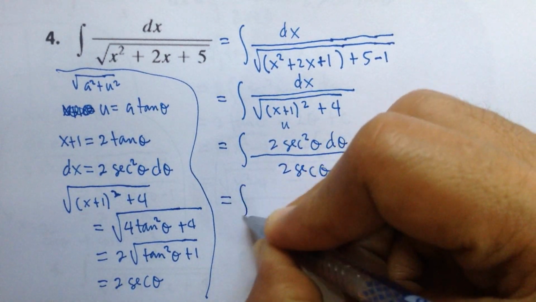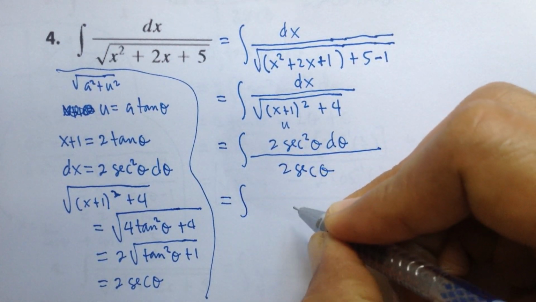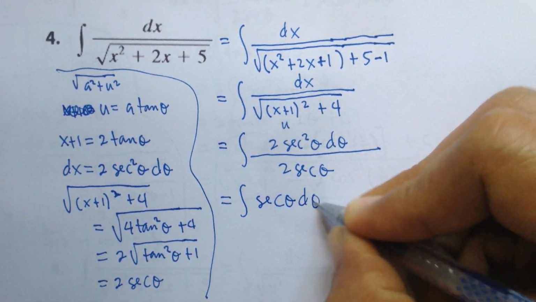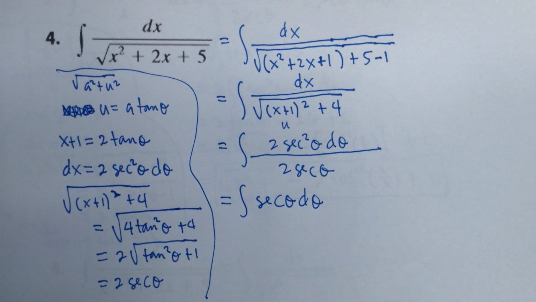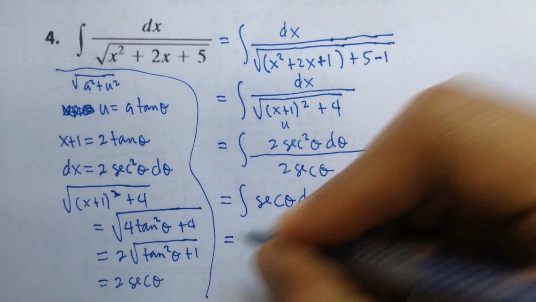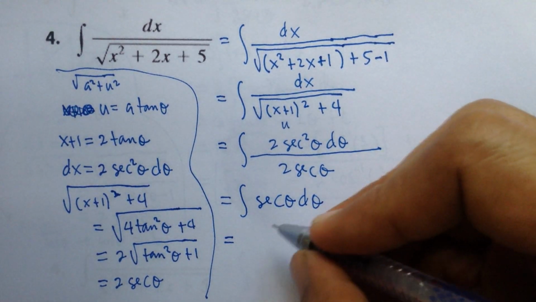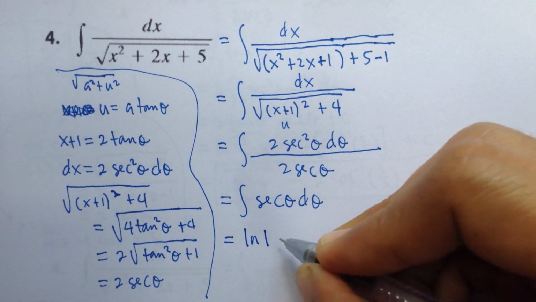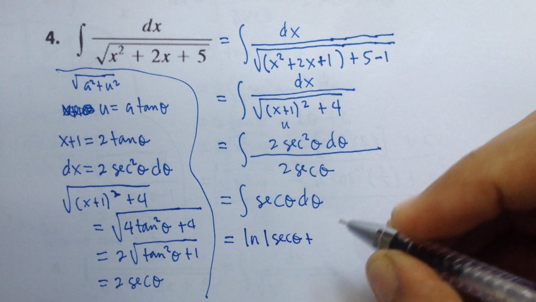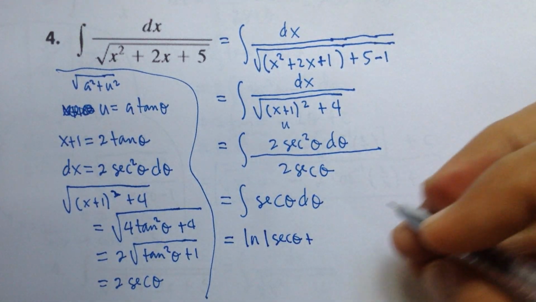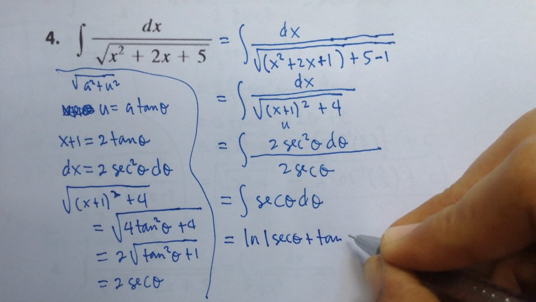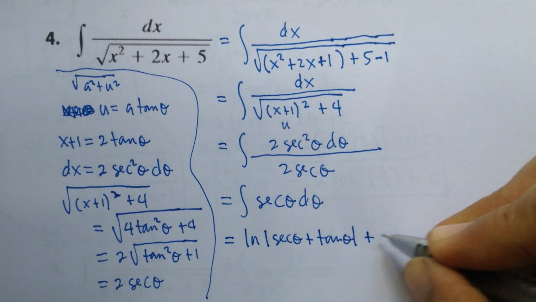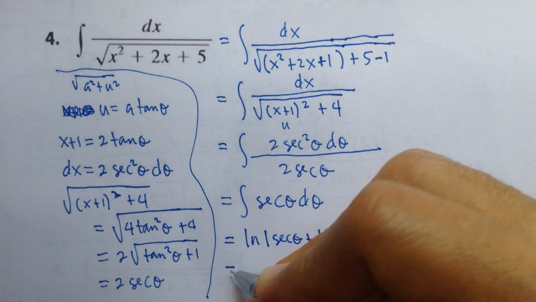And we have the integral of, you cancel this, so you have secant theta d theta, right? Which is equal to, if I'm not mistaken, the integral of this is ln of the absolute value of secant theta plus tangent theta, please check, I'm not sure, plus c.